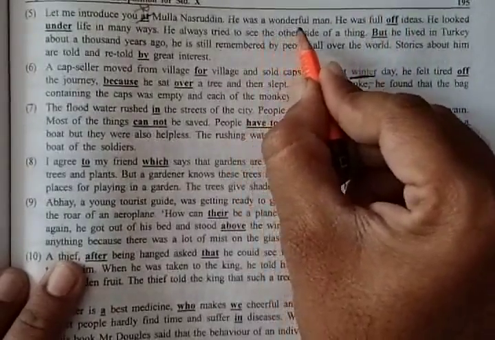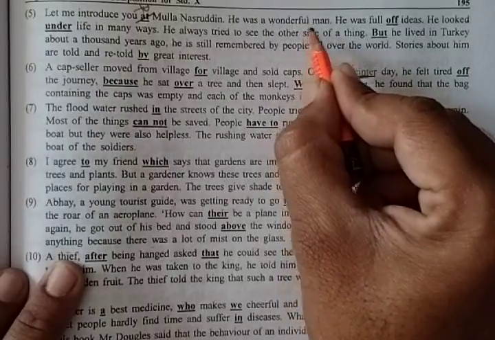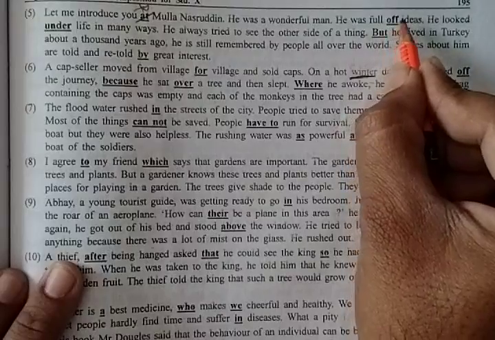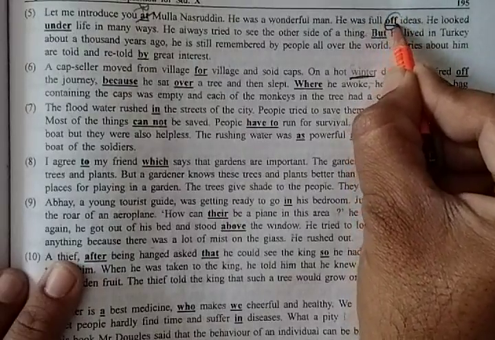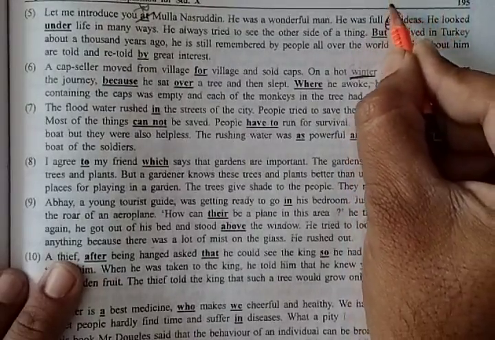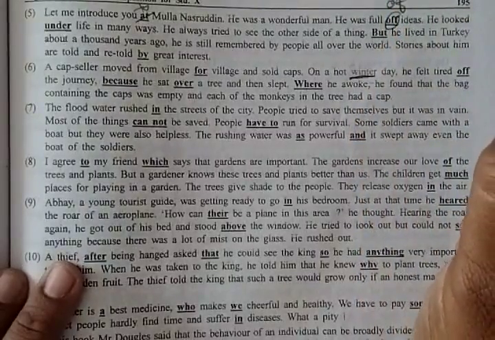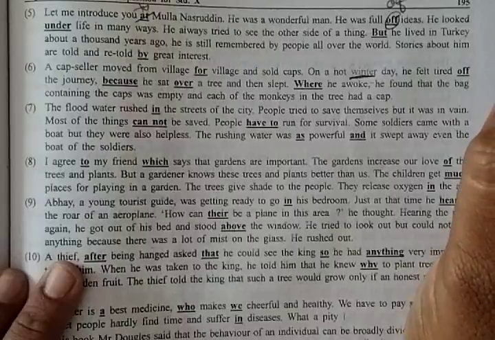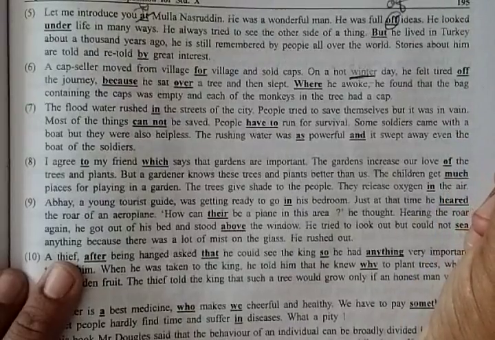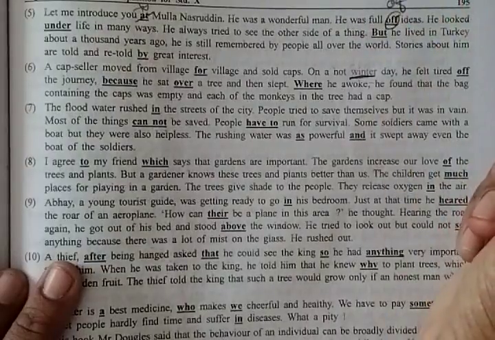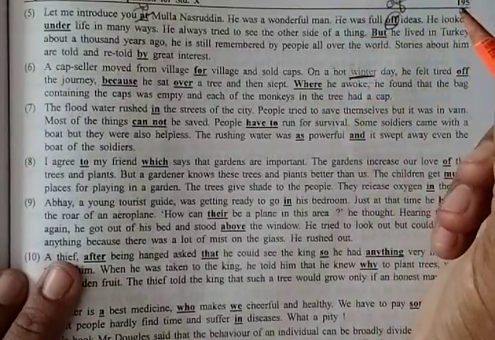He was a wonderful man. He was full of ideas. Full off is given. Instead of that, we are supposed to use only of. Full of. Generally, maybe you have heard such a sentence: put off your shoes, मतलब आपके shoes निकाल दो.